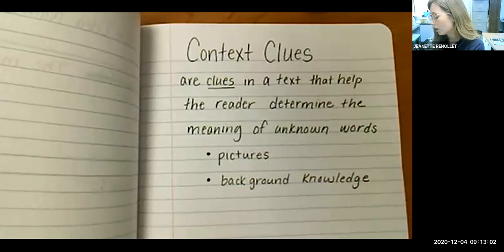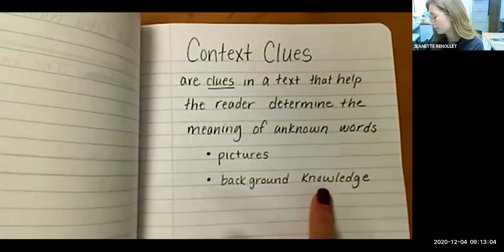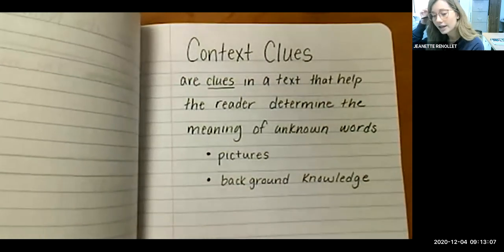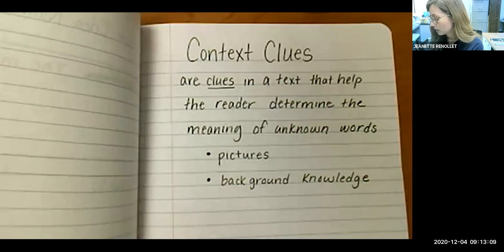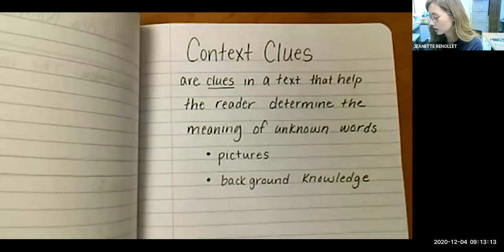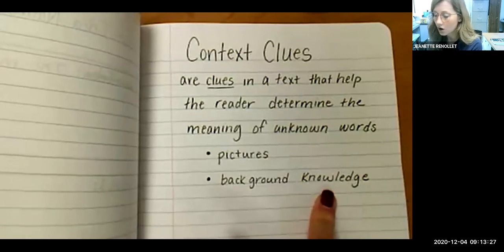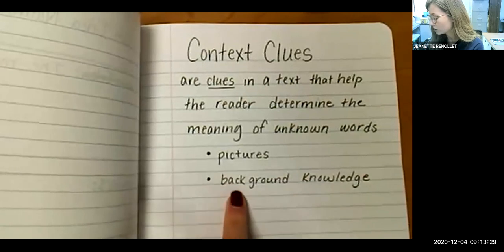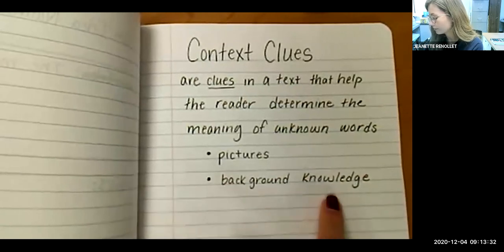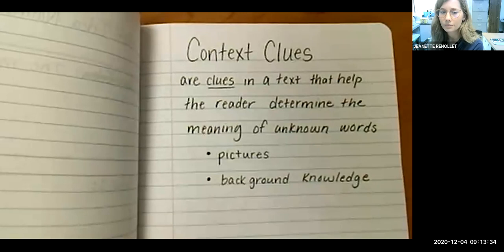An example of using background knowledge, yesterday in our lesson, we did a sentence about Nico being famished after school, so he made himself a snack. We all have background knowledge about feeling hungry. When we eat a snack, we know it's because we're hungry. That's using our background knowledge. Knowledge we already know.